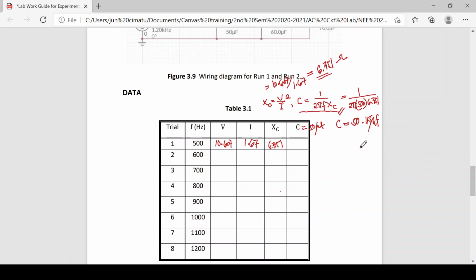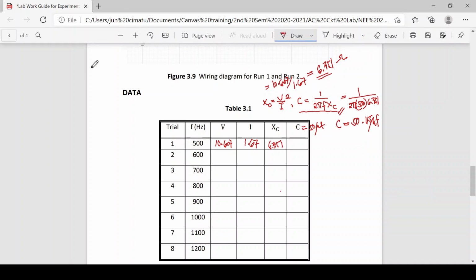So for your experiment, you will change the frequency to 600 and increase it up to 1.2 kHz and observe the reading of the meter and the reading of the ammeter. Calculate for the X sub C each trial and verify the value.